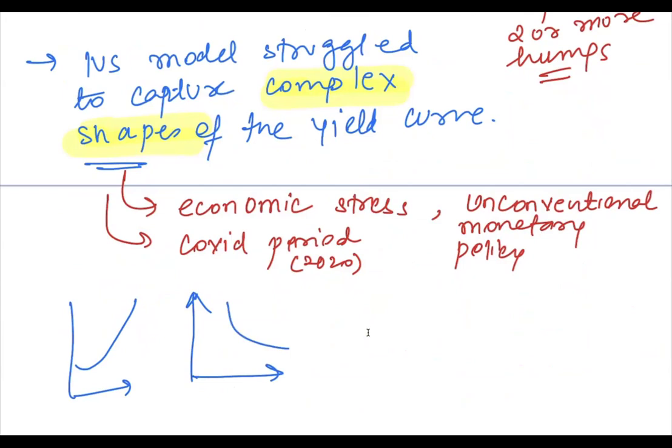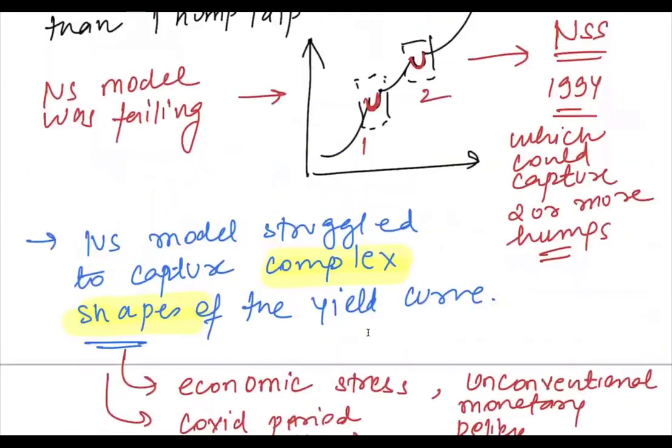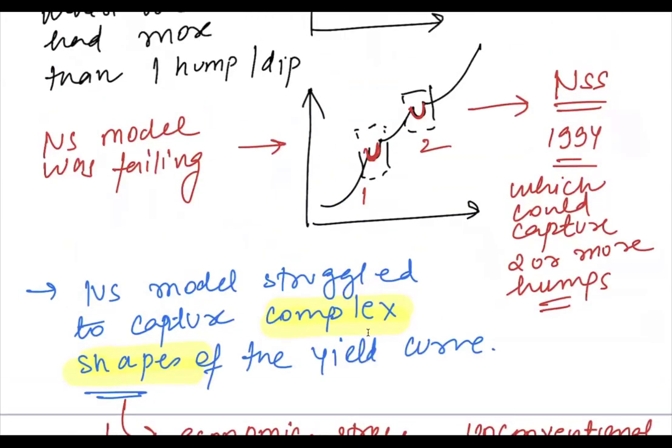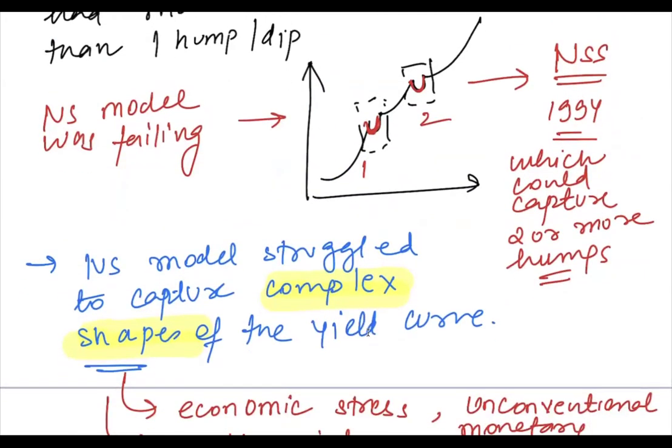But in economic stress, that's where the shape of the yield curve becomes very complex in nature, and that's where we need certain models in place which can capture these complex shapes. And that's where the Nelson Siegel Svensson model does a pretty good job.